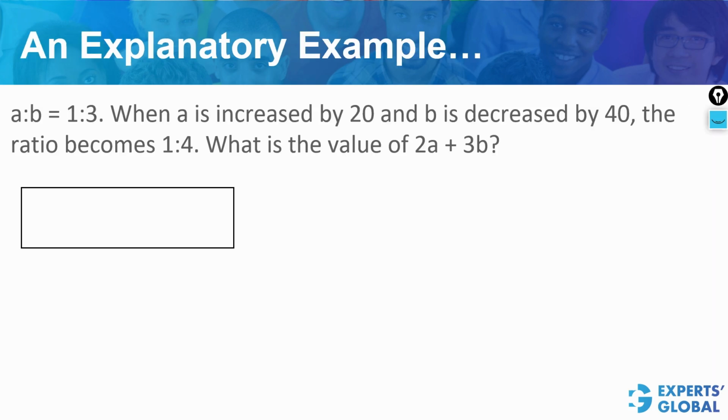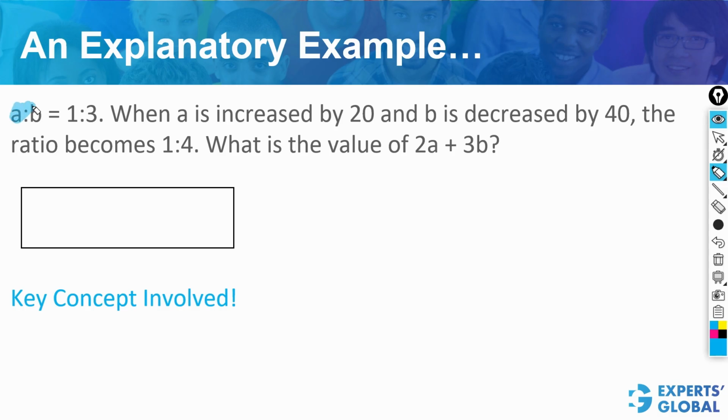Look at this explanatory example. A key concept involved here. The concept is that if A ratio B is 1 to 3, we cannot say that A is equal to 1 and B is equal to 3. Such a deduction would not be correct. However, what we can say is that if A is 1k, then B is 3k, where k is a constant.